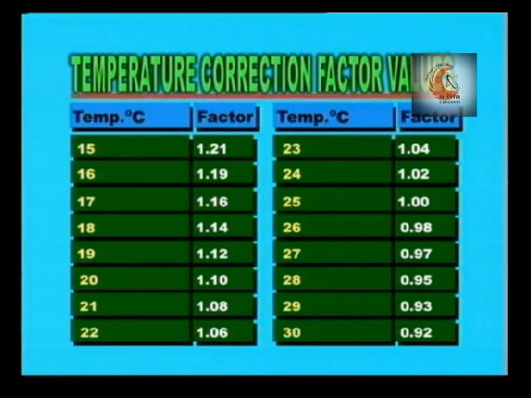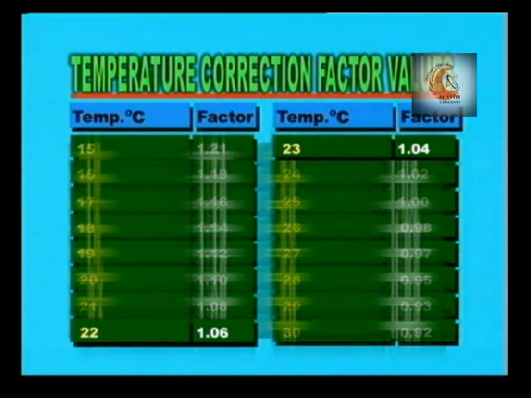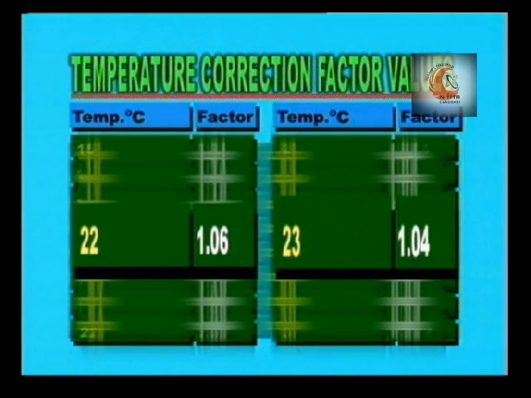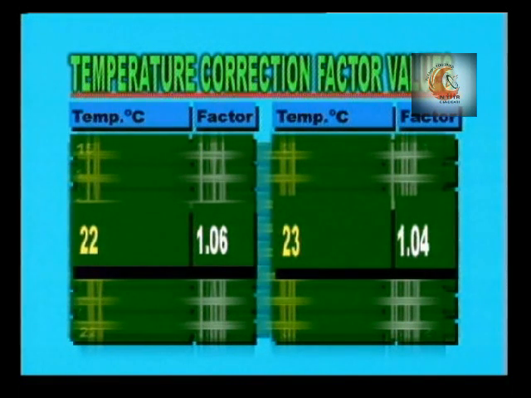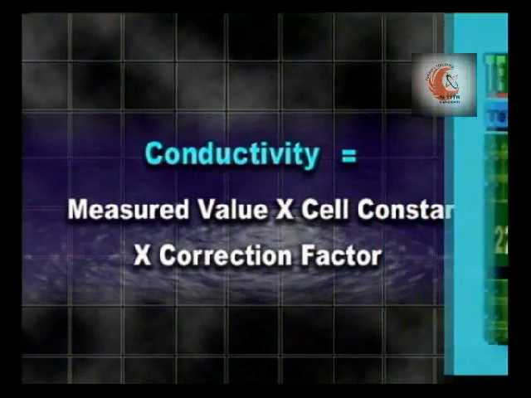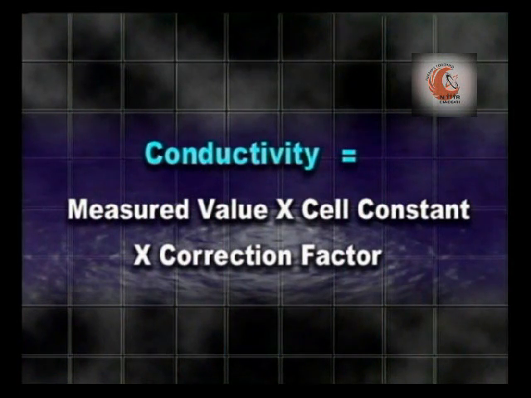Now, corresponding to this temperature, we can find a correction factor from the table. The correction factor is 1.05. To determine the corrected value, multiply the observed value by the cell constant and this correction factor.